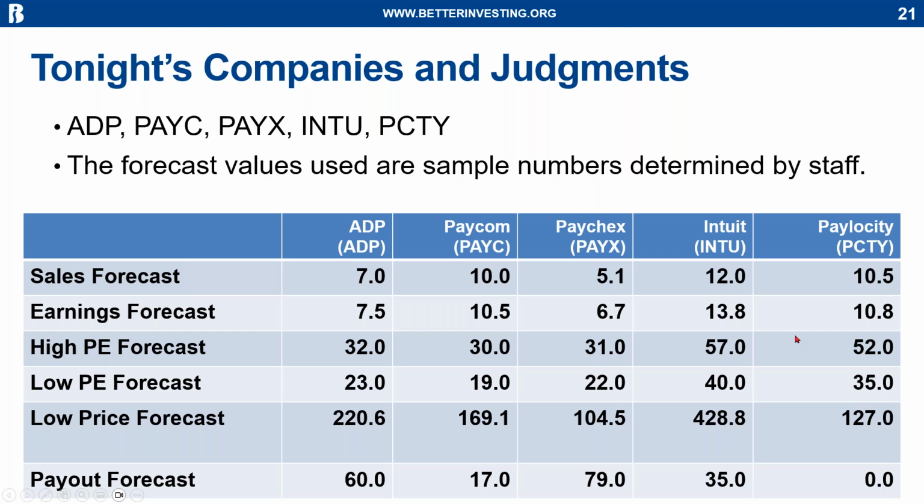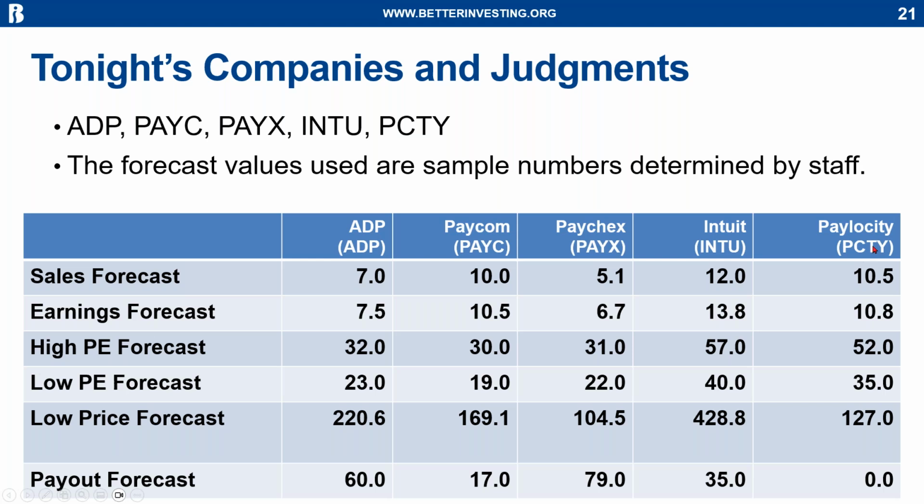All of these companies are from the large or medium size, from the technology sector and the application software industry. And we have Automatic Data Processing, or ADP, Paycom, ticker PAYC, Paychex, ticker PAYX, Intuit, ticker INTU, and Paylocity, ticker PCTY.